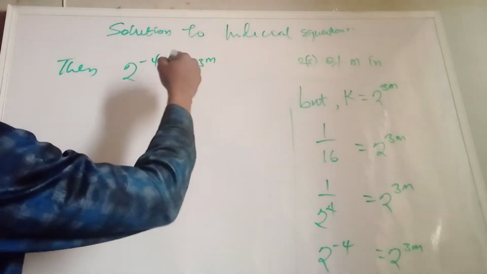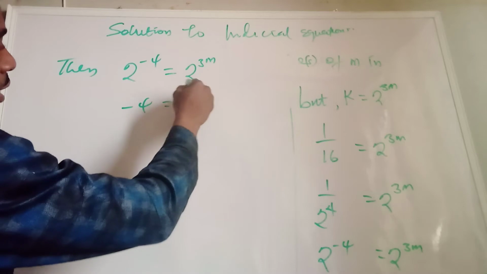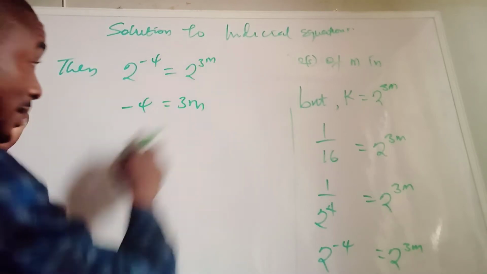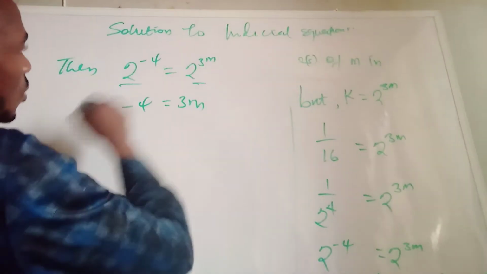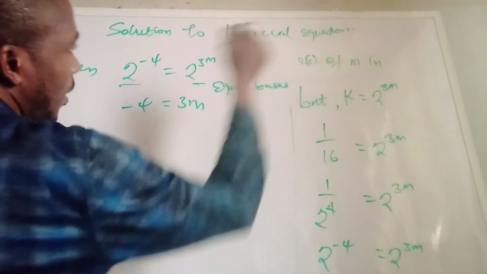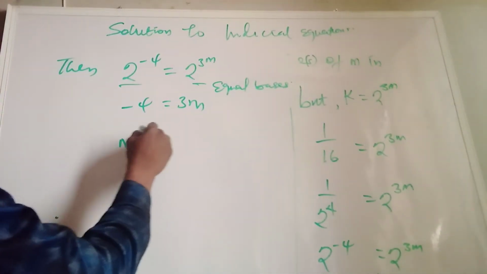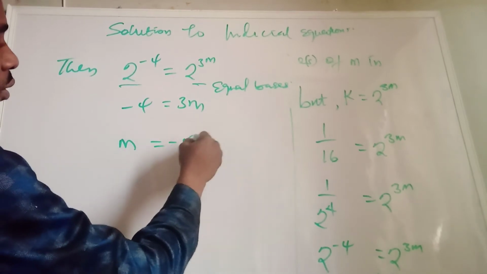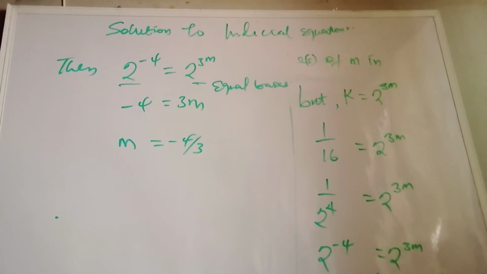So from here, minus 4 will be equal to 3m, since the bases are the same, equal bases. So m is automatically minus 4 over 3. That is for the first method.